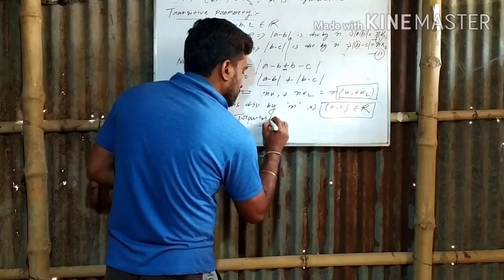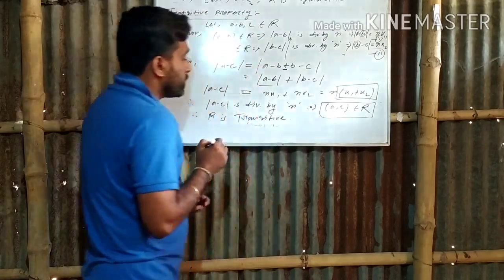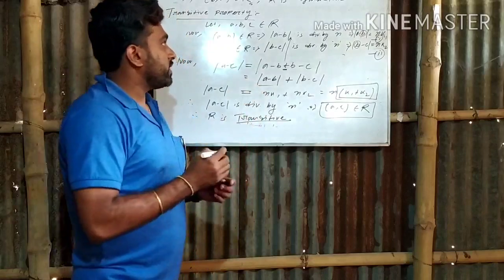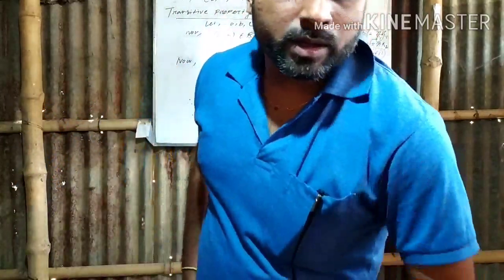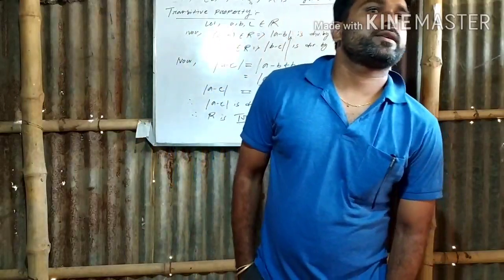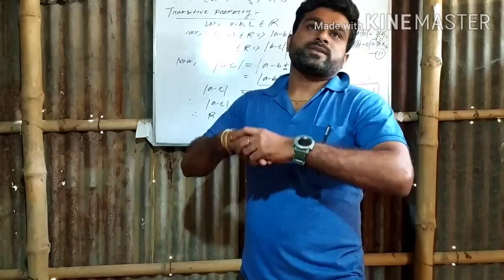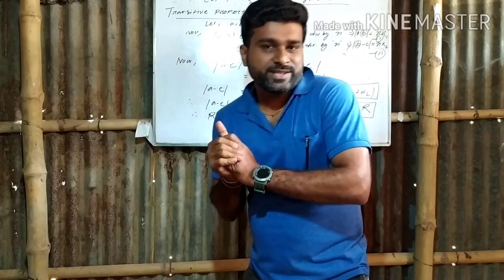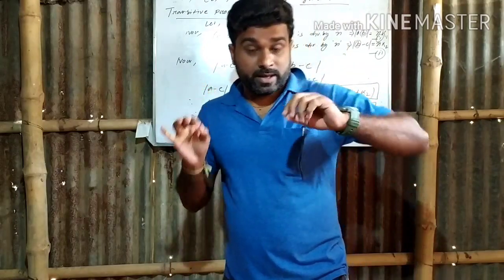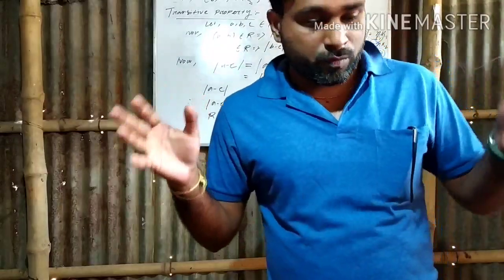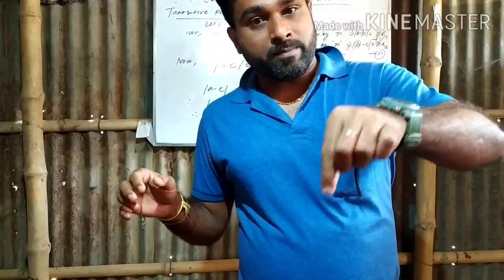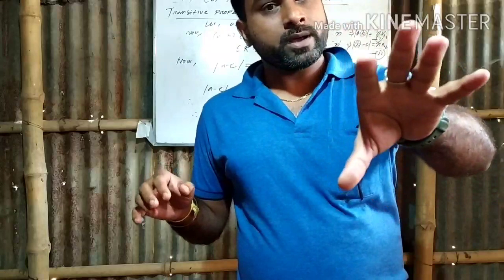Here you can see this given relation set satisfies all three properties: reflexive, symmetric and transitive. That means this relation set is an equivalence relation. That is proved. We will go for the next question, and the video will be completed. For one question, one video will be uploaded.